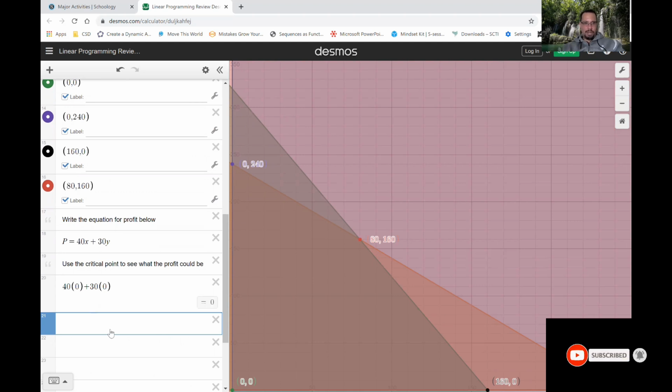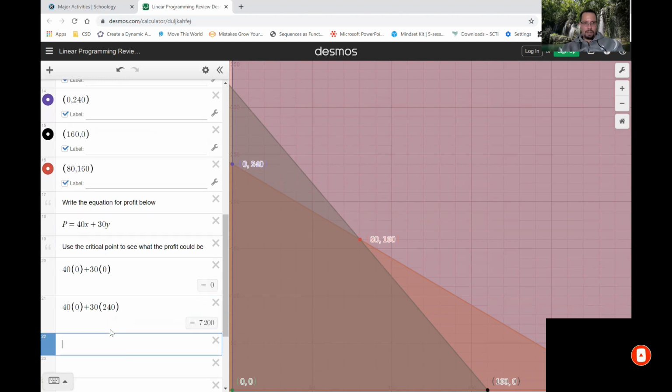The next point we'll check is 0, 240. So 40 times 0 plus 30 times 240. So with 0 acres of corn and 240 acres of oats, we're expecting $7,200.